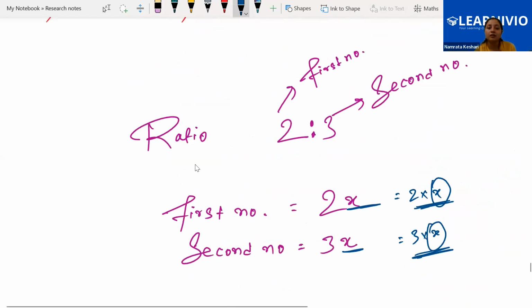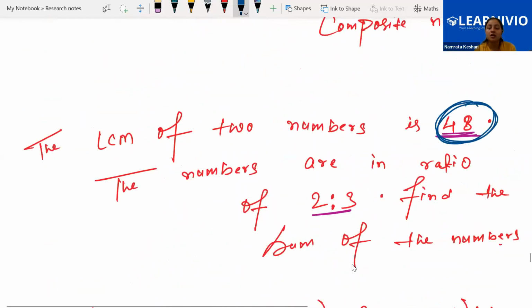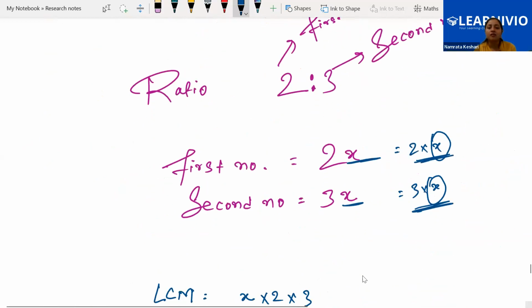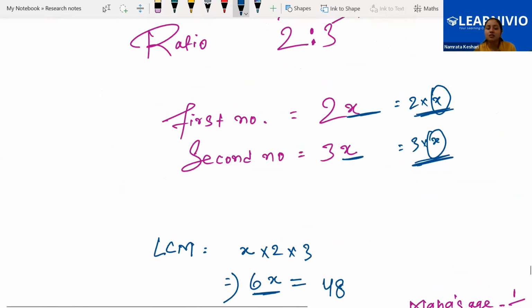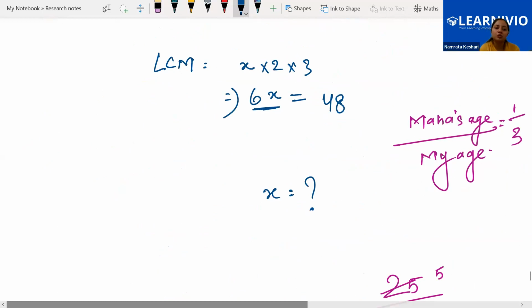Now, if you look at what we have to find here, it is the sum of the numbers. Once we get the value of x, we can directly find the sum of these two numbers. The sum of the two numbers will be 2x plus 3x.